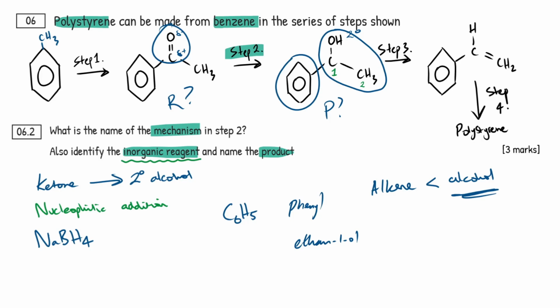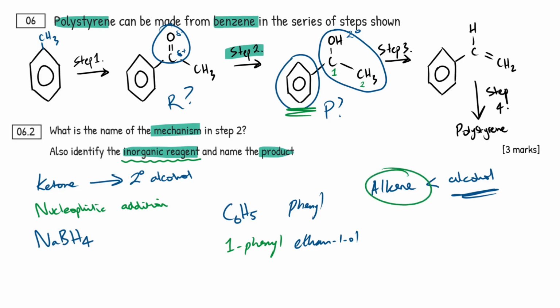So then, when we name this, we need to name the position on the carbon chain that this phenyl functional group is bonded to. So it's going to be 1-phenylethan-1-ol. Okay, so let's do that. 1-phenylethan-1-ol. Okay, that was real long-winded, but hopefully it gave you some insight into naming molecules.